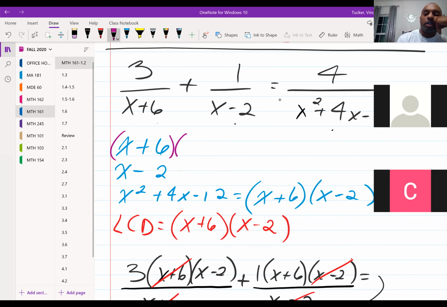So let's say I had x minus 5 in that first expression, x plus 6, x minus 5. That means x minus 5 needs to be a part of my LCD. Whatever different quantities are expressed throughout my denominators, each one of those has to be a part of my LCD.